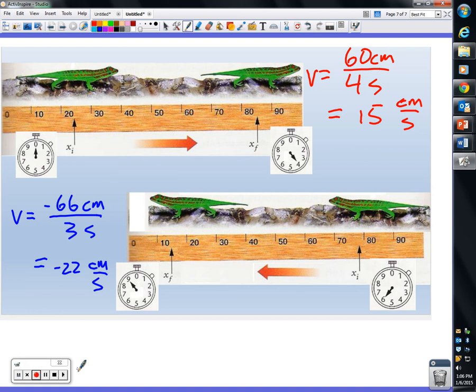It doesn't tell us anything about how fast. Which trip is the iguana traveling faster? Negative 22 is faster than positive 15. It's just in the other direction. The positive and negative is the direction part of the vector quantity. The number is the magnitude part.